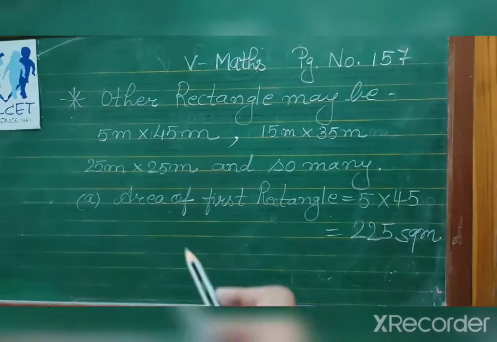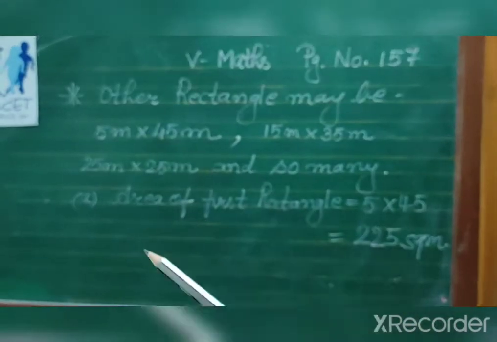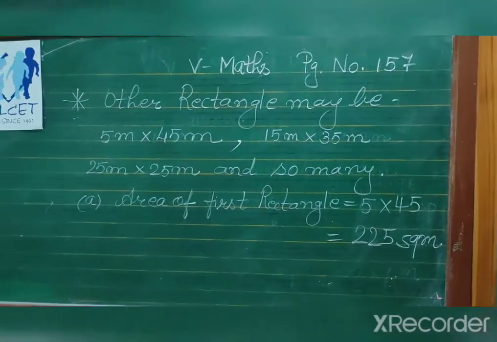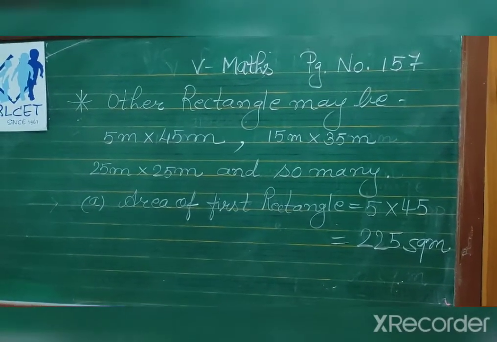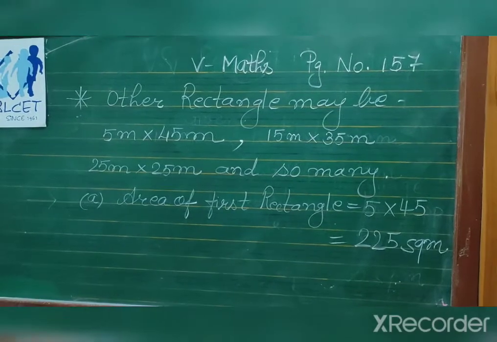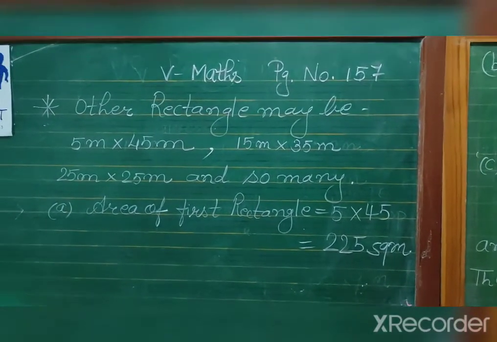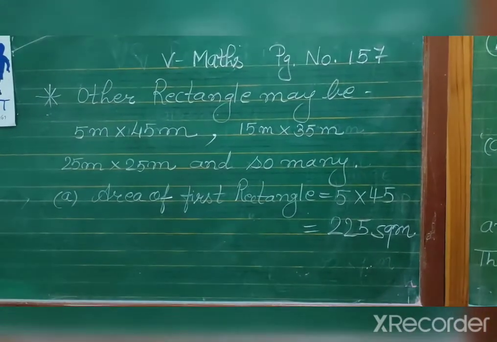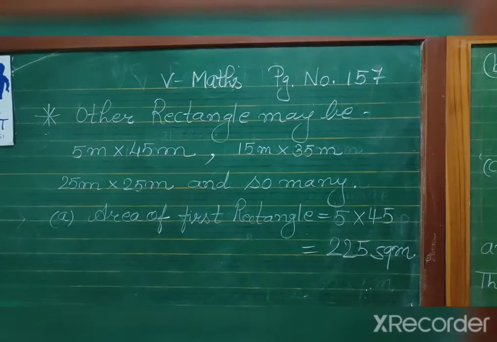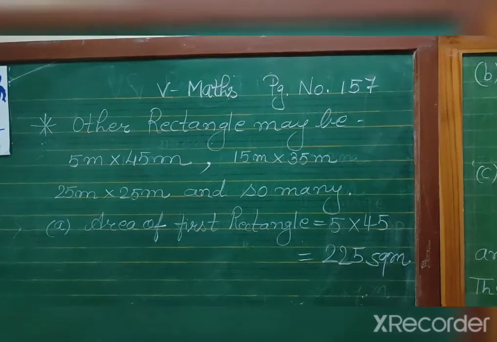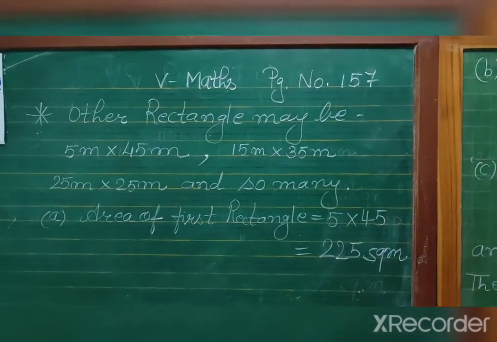Suppose in place of 5 meter we take 4 meters, so 4 and 4 opposite sides are equal, 4 and 4 is 8, and what is left is 100 minus 8, that means 92, and just half, so 46. So many rectangles we can form with the help of 100 meter wire. If we take the third side as 3 meters, 100 minus 6 is 94, divided by 2. So in this way we get uncountable rectangles.